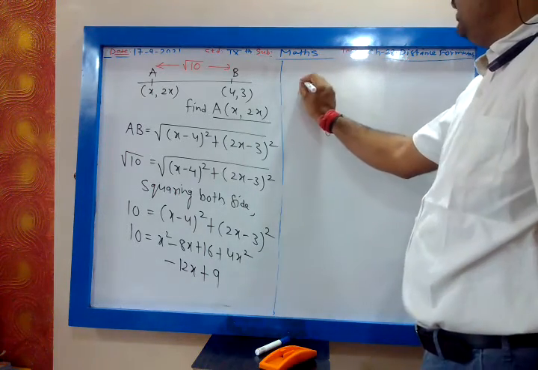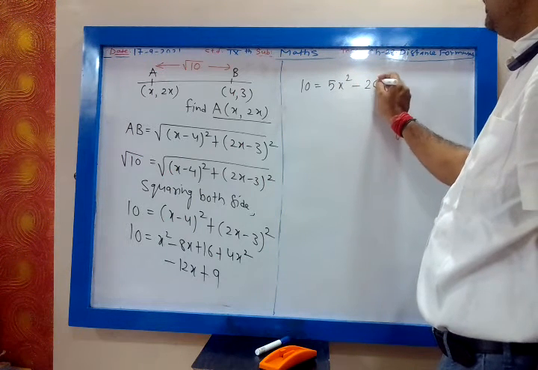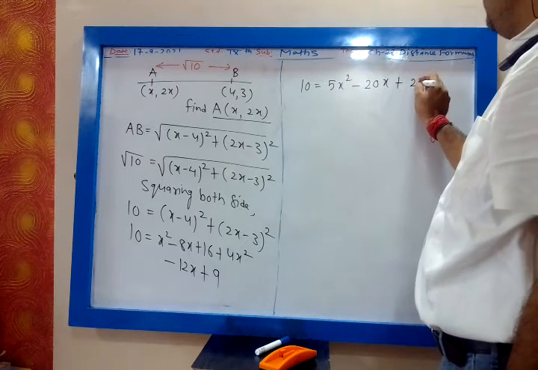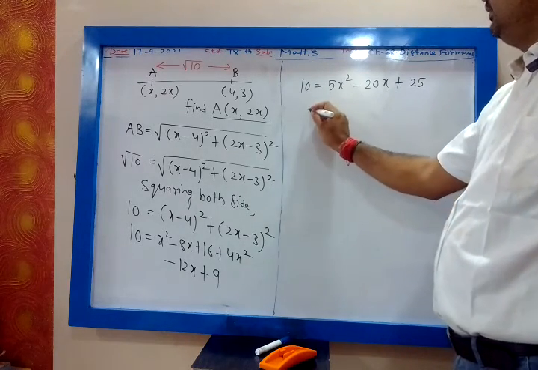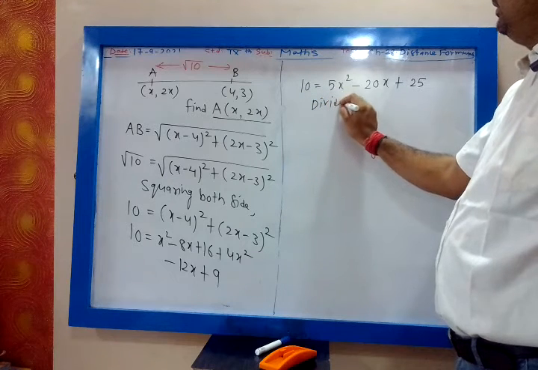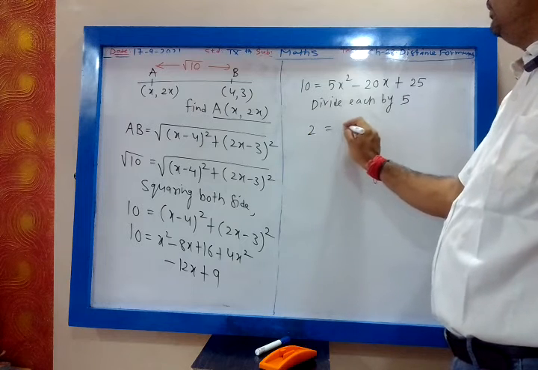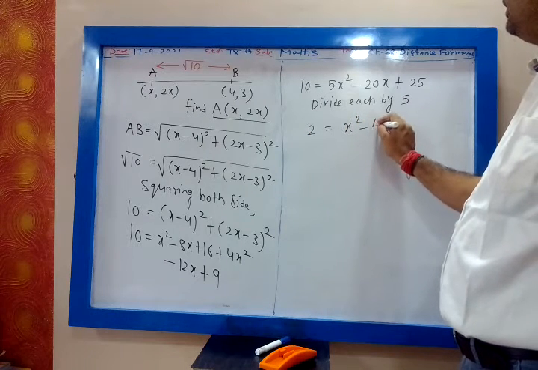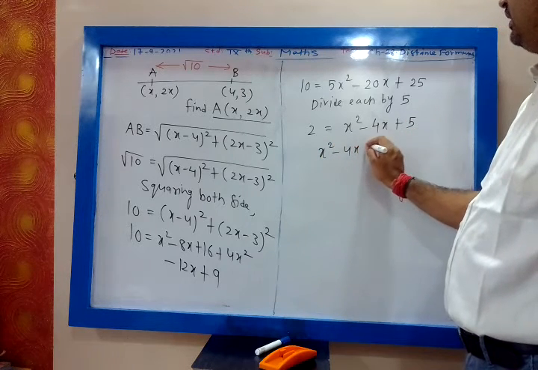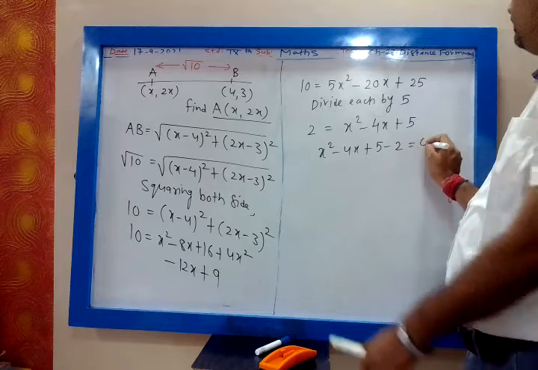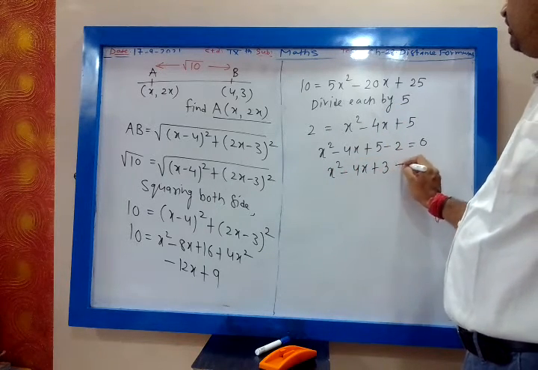So 10 is equal to 5x square minus 20x plus 25. Take 10 on that side and divide each term by 5. So you will get x square minus 4x plus 5 minus 2 is equal to 0. So x square minus 4x plus 3 is equal to 0.